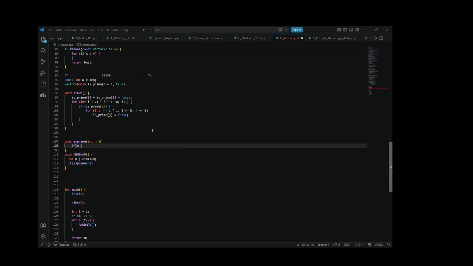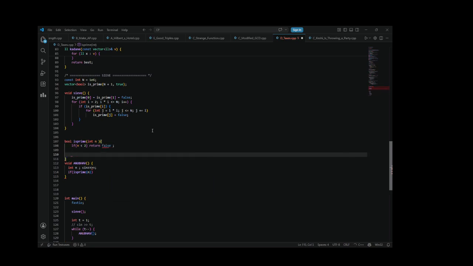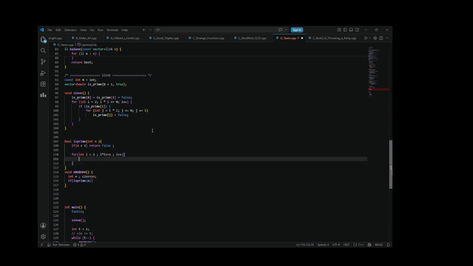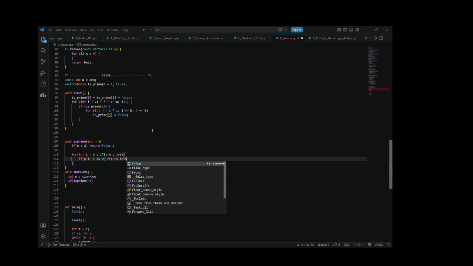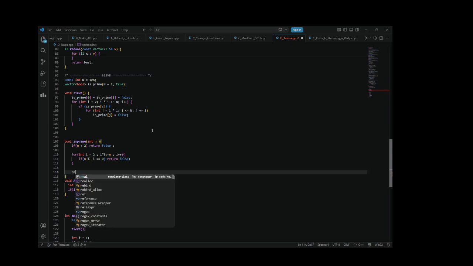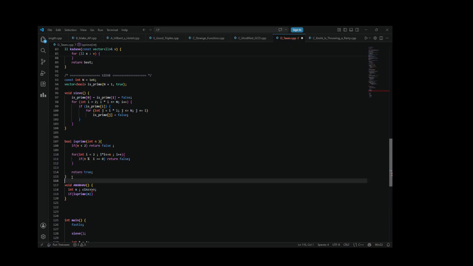If n is less than 2, then return false, and keep moving from i equal to 2, i times i less than or equal to n, i plus plus. If n divided by i is equal to 0, then return false, and for the rest of the cases return true. This is the function to check if the number is prime or not. So we have written it.